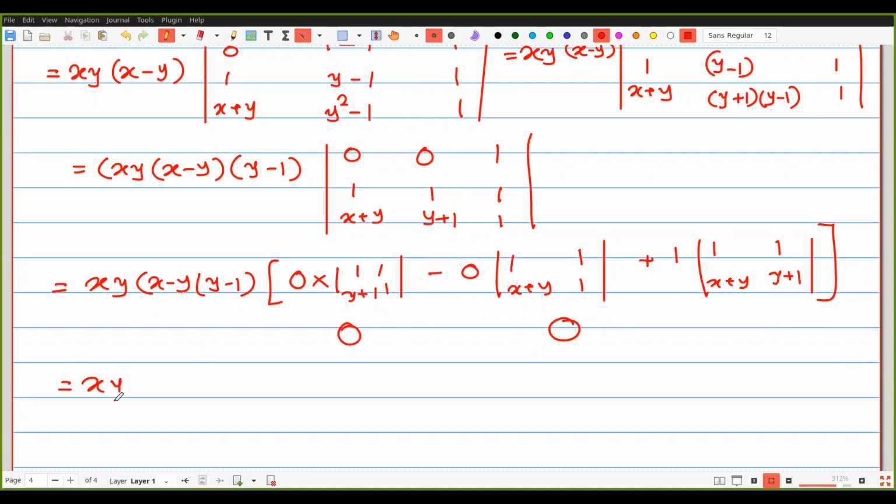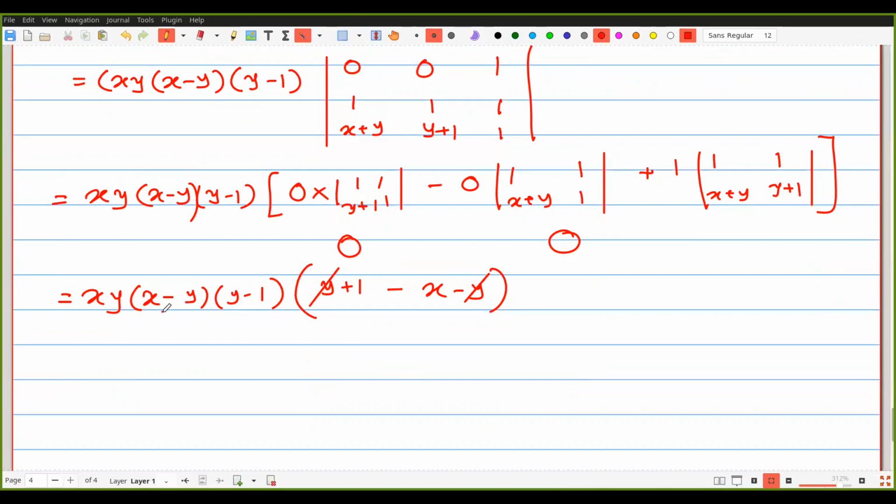Simply the result is xy, x minus y, y minus 1, and then 1 into y plus 1 minus x minus y. Okay, y is omitted. The result is just finally xy, x minus y, y minus 1, 1 minus x, and that is the answer. That is the value of the determinant.